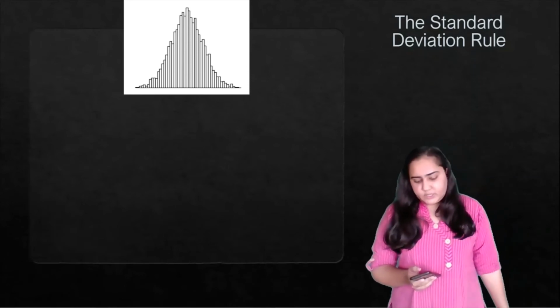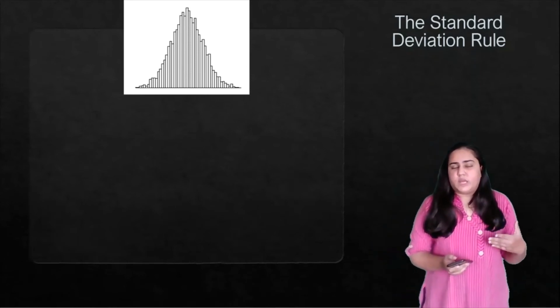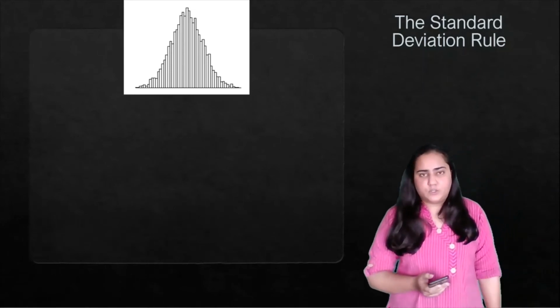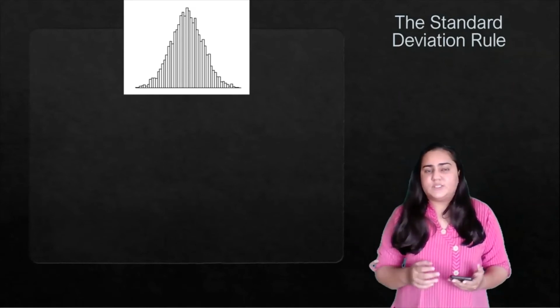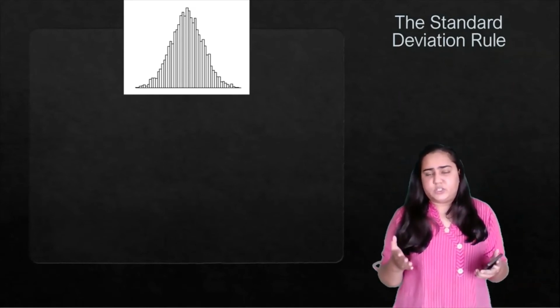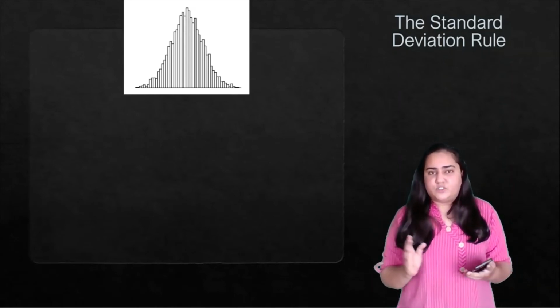Now, the standard deviation also helps us to conclude some other things about our data. And for that, we will be using the standard deviation rule. What you see here is another histogram, and you can see how perfectly shaped it is. It is completely symmetric, and it is distributed well.